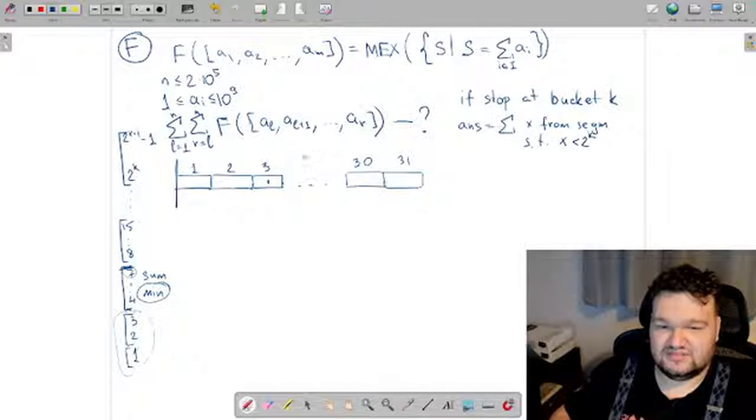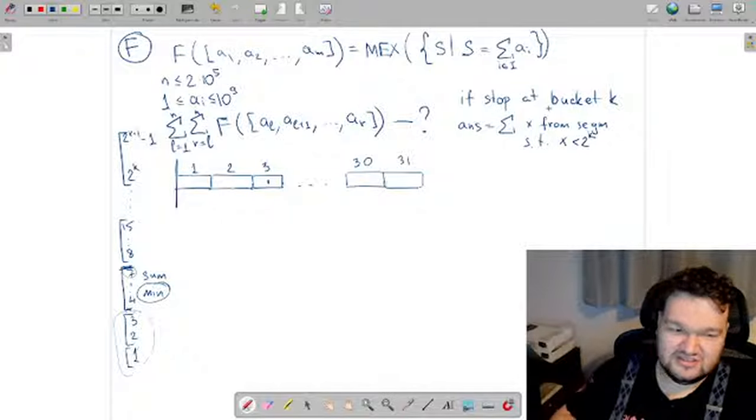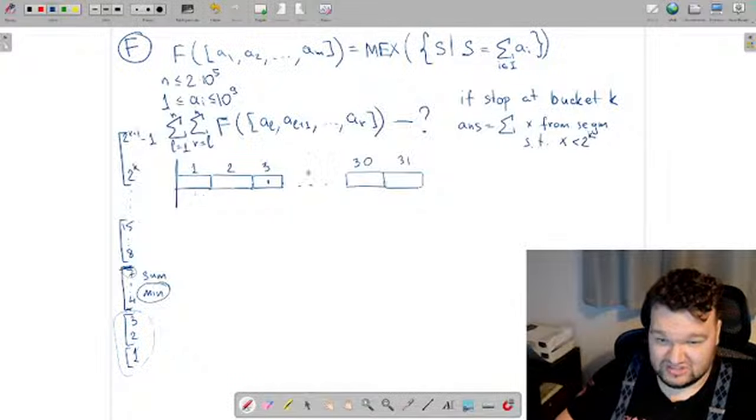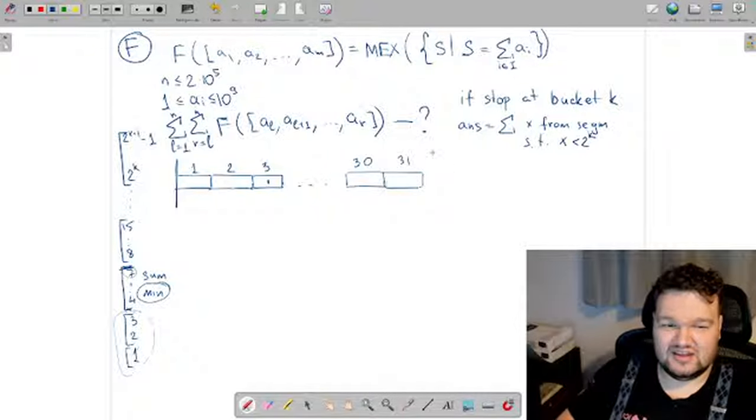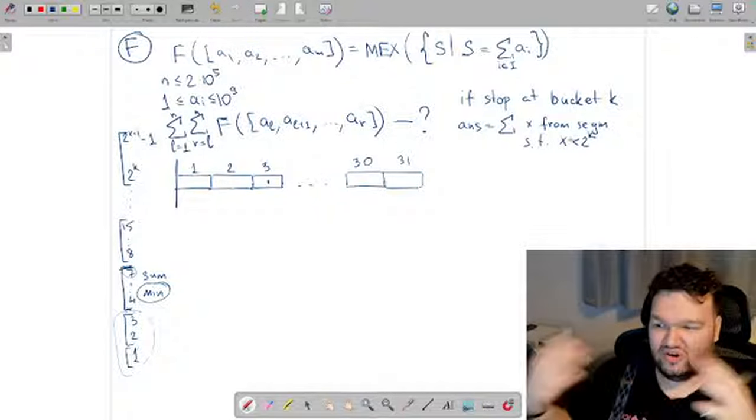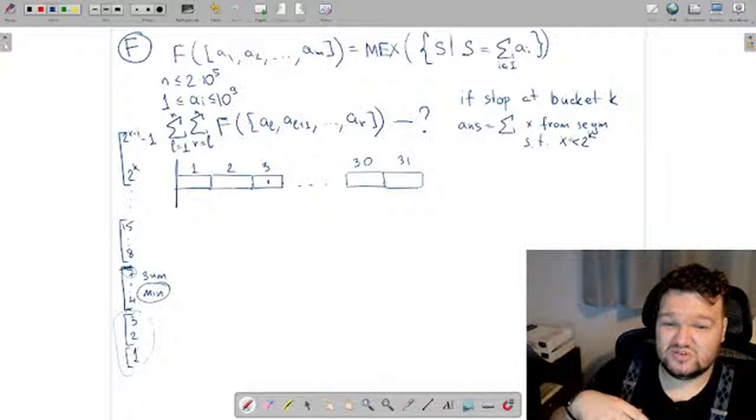And we can just calculate that easily because k is just up to 31. So for every k, we can just ignore numbers that are bigger than 2 to the power of k.